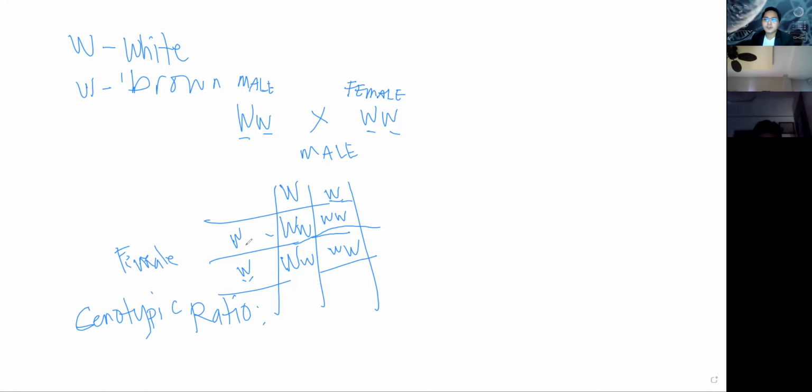Genes. If you're talking about genes, you are talking about whether it carries a dominant allele or a recessive allele. This is where heterozygous and homozygous come in.